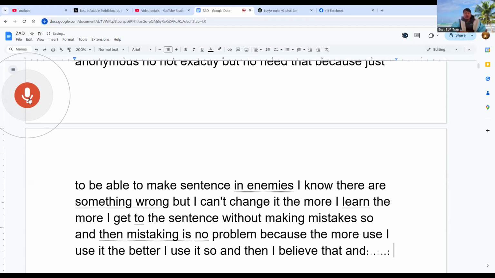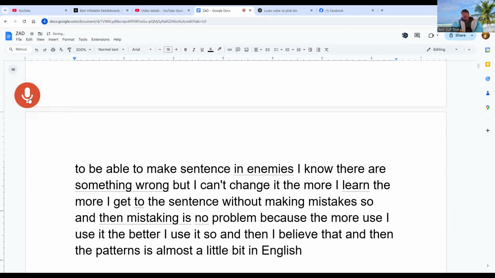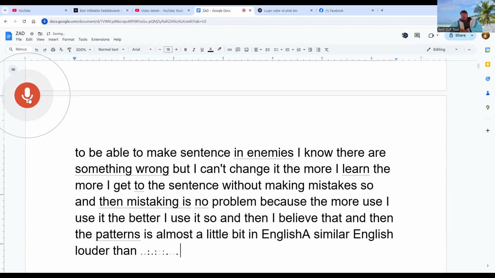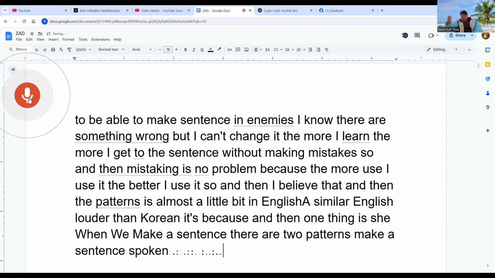The pattern of Vietnamese, my target language, is a little bit similar to English grammatically, rather than Korean. And one thing is, when we make a sentence, there are two patterns: spoken language or written language.